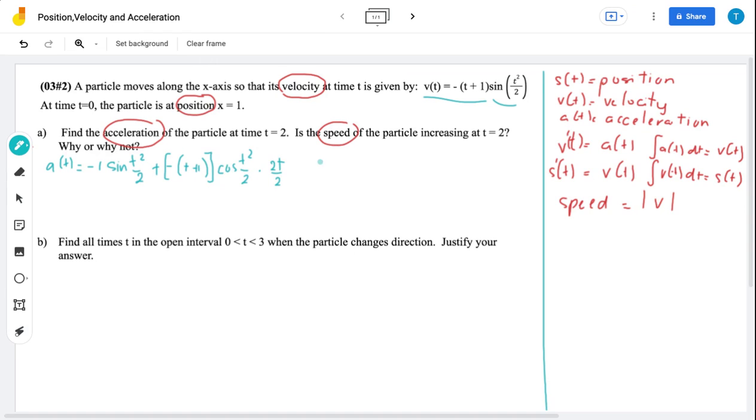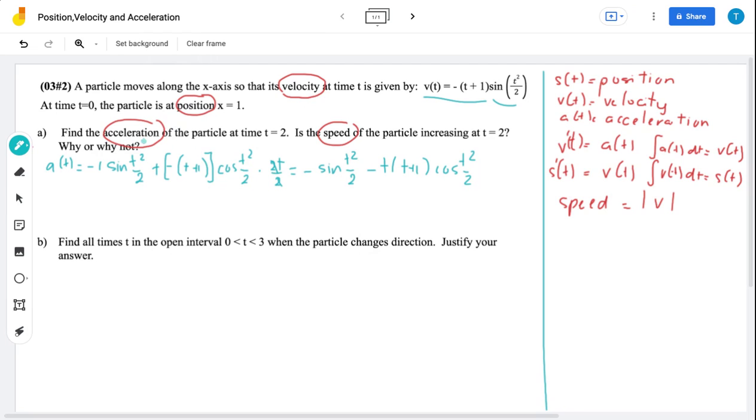Then we simplify a little bit: negative sine of t squared over 2, minus, and this cancels, t times (t plus 1) times cosine of t squared over 2. So that is the acceleration.